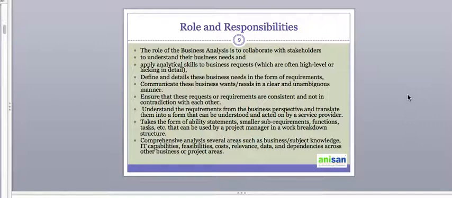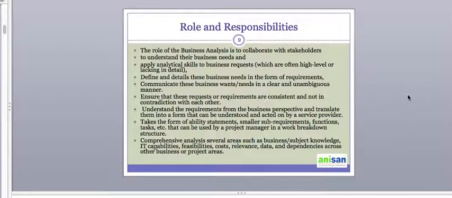So your role may also be defining the requirements and documenting them, and communicating and collaborating with the service provider if the solution is developed and delivered by a service provider, that is the IT vendor.